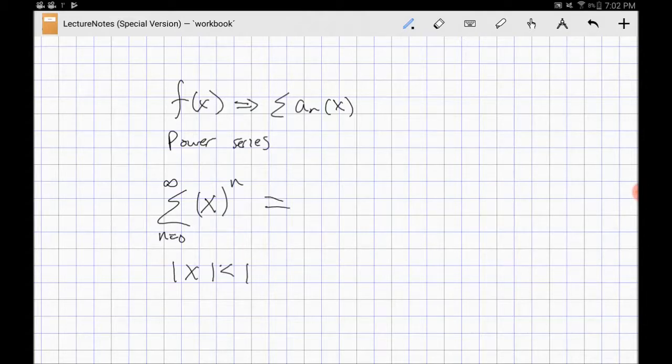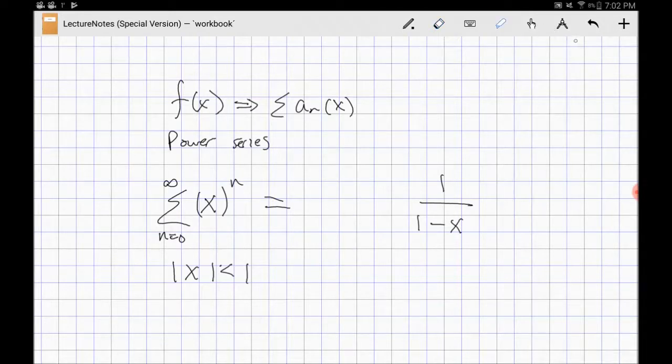And we also happen to know the sum of our geometric series, which is a over 1 minus r. In our particular case, our a is equal to 1, so we get 1 over 1 minus, and our r is equal to x.